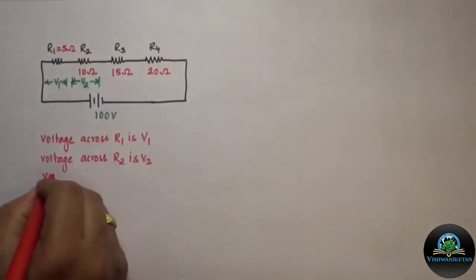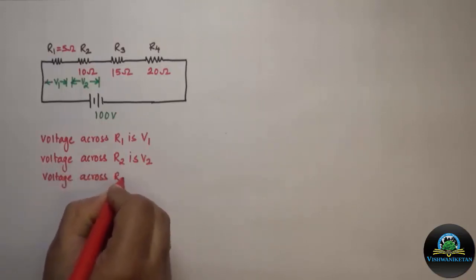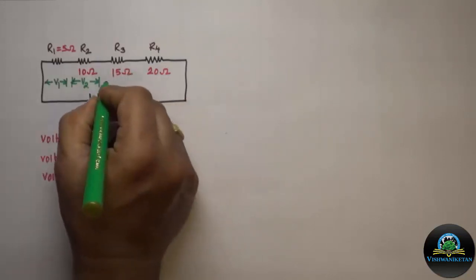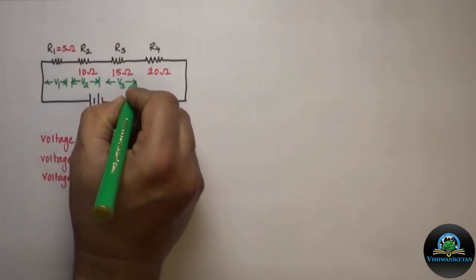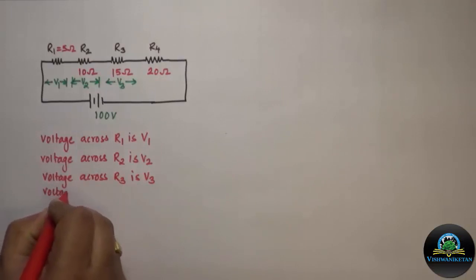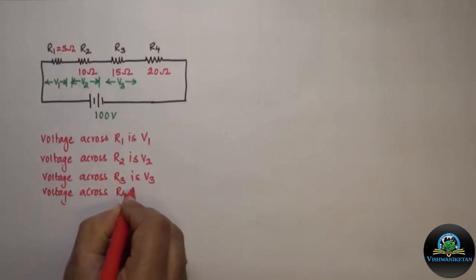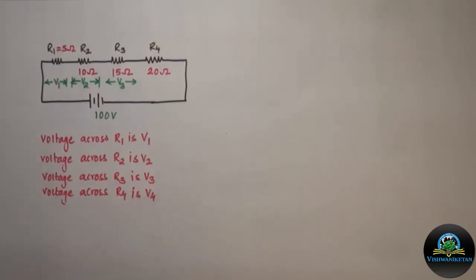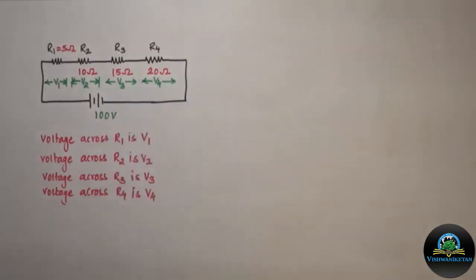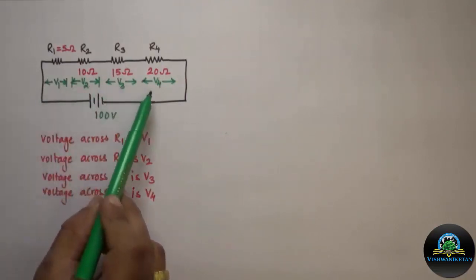Then voltage across R3 is V3. So this is V3, and lastly voltage across R4 is V4. So this is my last voltage V4. Hence my 100 volt is divided into V1, V2, V3 and V4.